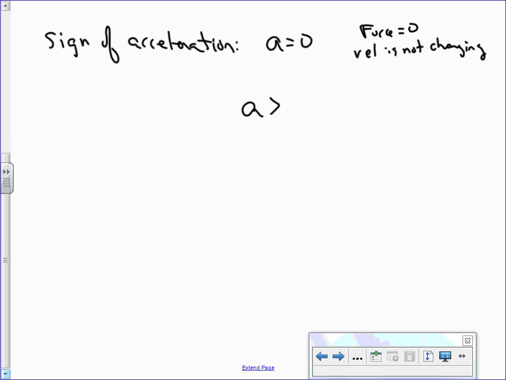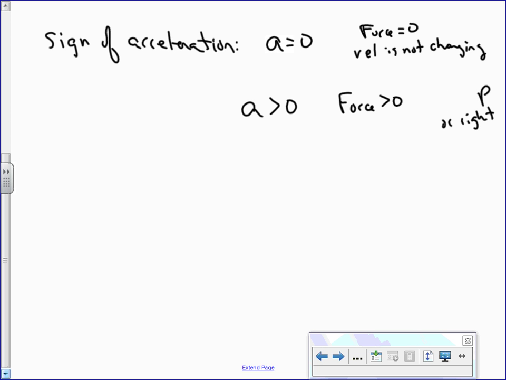If acceleration is positive, that means that the force applied is positive. The force applied is positive means that it is pulling, is it okay if I say pulling? Do you prefer pushing up or right? You can say pulling or pushing. I guess pushing is better.